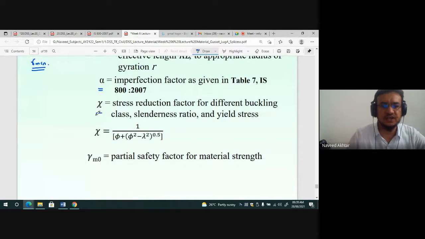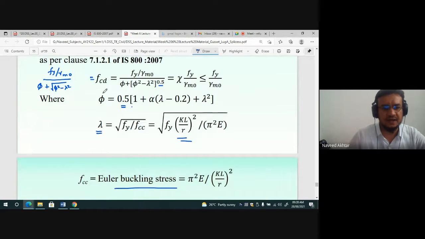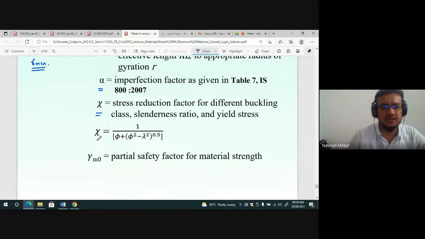Now chi is the stress reduction factor for different buckling classes, slenderness ratios, and yield stress. Chi is equal to 1 upon phi plus the square root of phi squared minus lambda squared, where lambda is the non-dimensional slenderness ratio, with epsilon and fy upon gamma m0. You can also easily find the chi value from the table in the IS code.